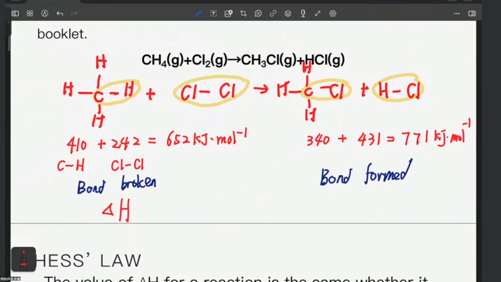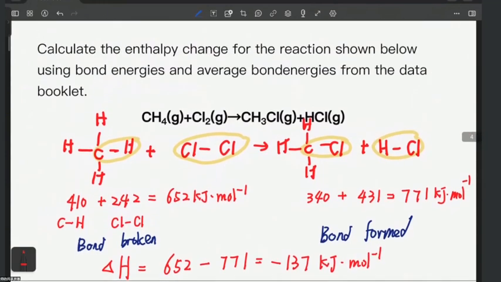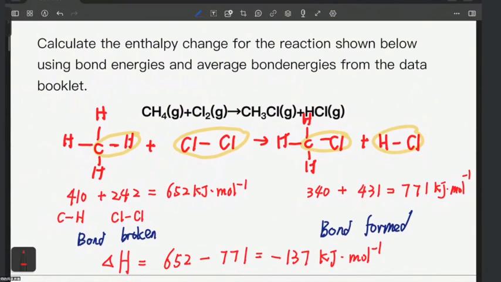We can calculate the enthalpy change by using two numbers, 652 minus 771. So the answer will be minus 119 kilojoules per mole. That's the answer for this question. So, do you understand it?